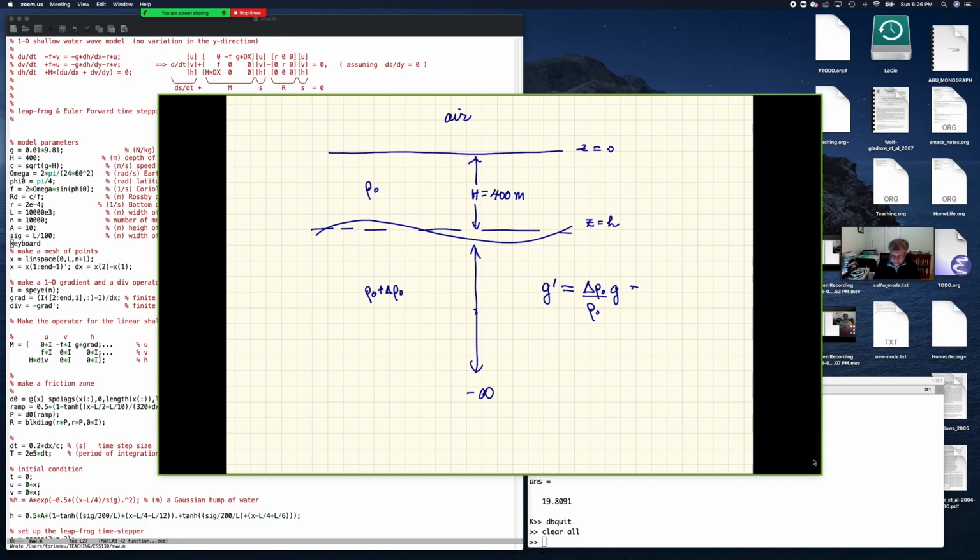And we're going to pick this to be about 0.01 g. So about 1% of the original gravity. And so the speed of the wave c is going to be equal to the square root of g prime times h, which will be equal to 0.01 times 9.81 times 400 meters.